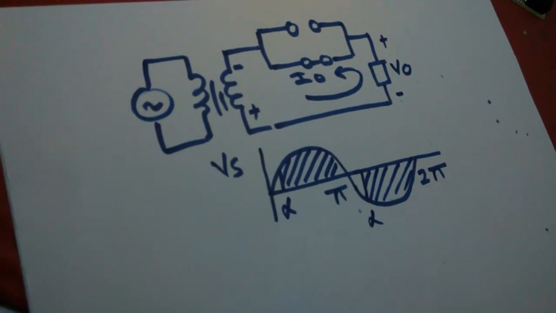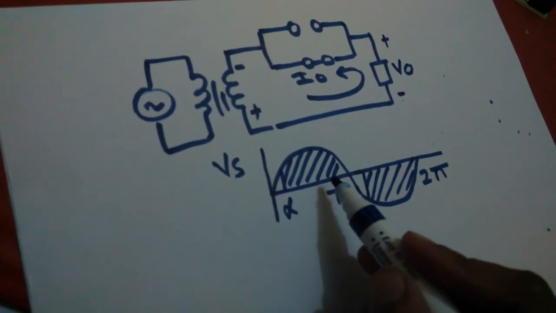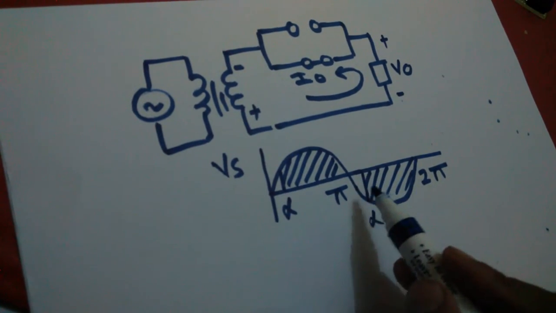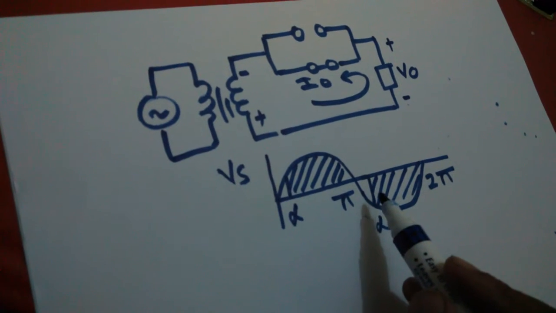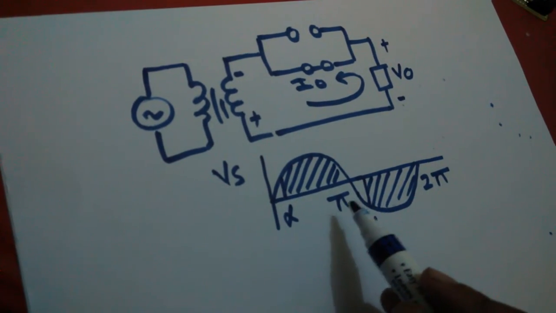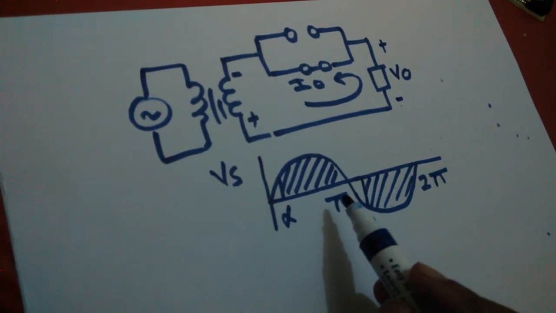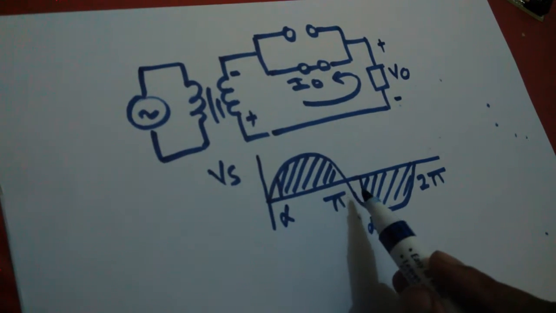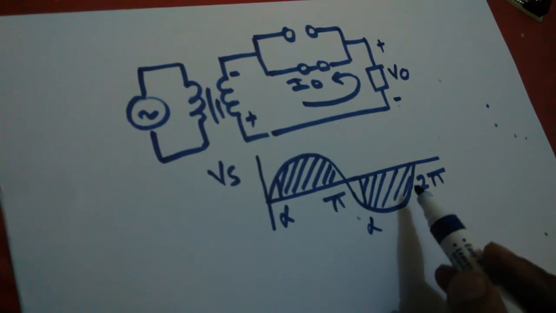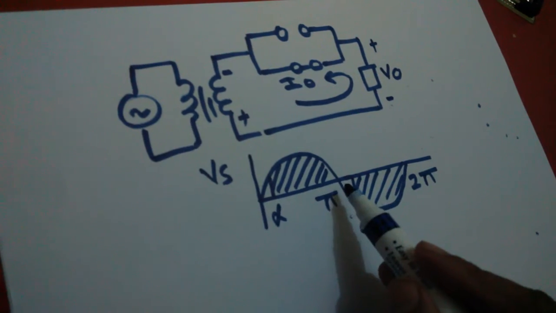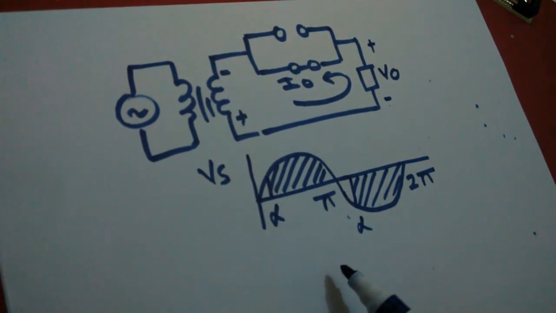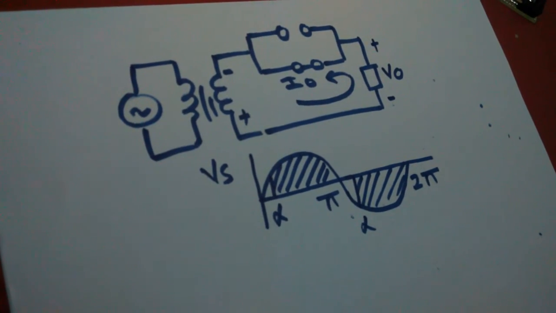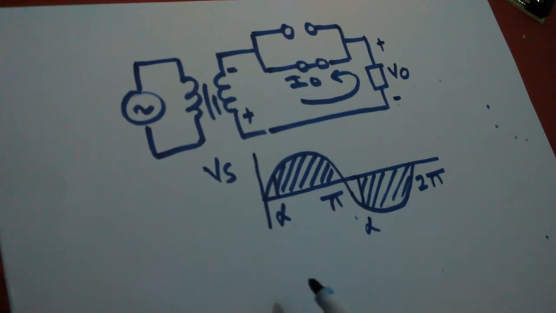So in both positive and negative half cycles we are getting the controlled output voltage, which is different from the half wave controllers, where in the negative half cycle we are getting the fully uncontrolled output due to the diode.